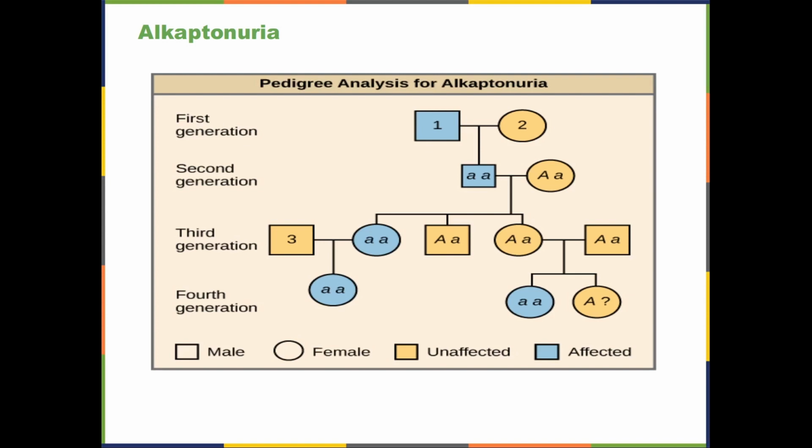In this case, blue is affected, an affected male mating with an unaffected female, and that cross yielded an affected male. All right, so that's that blue. When we're looking at it, it's little a, little a.